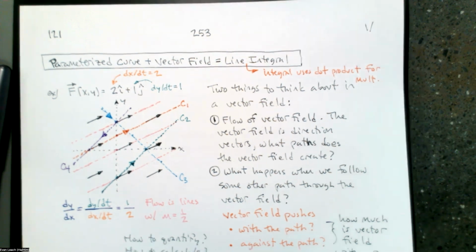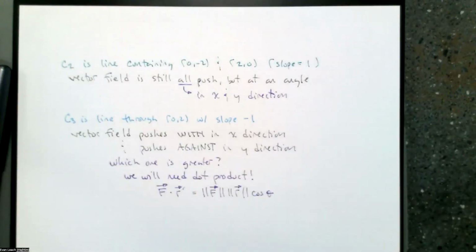So C2 is a line. I didn't put a vector equation in there, but we're still going to want to be taking F dot r. So we would need to parameterize C2.